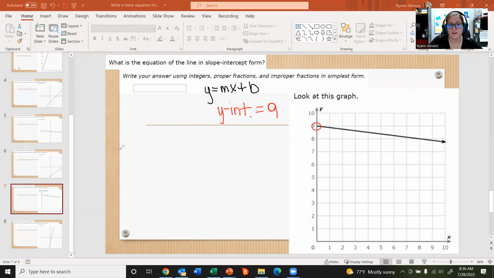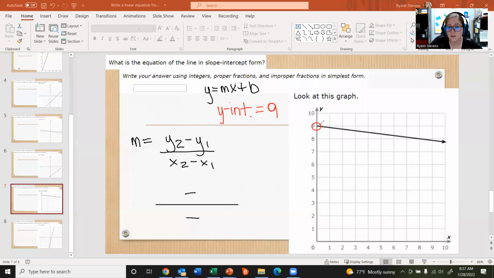And then our slope formula is going to be m equals y sub 2 minus y sub 1 over x sub 2 minus x sub 1. And I'm going to set this up down here as well, so I can just plug in my numbers.